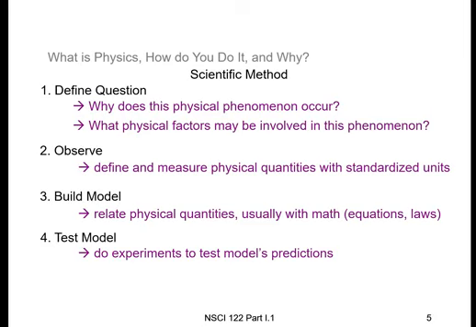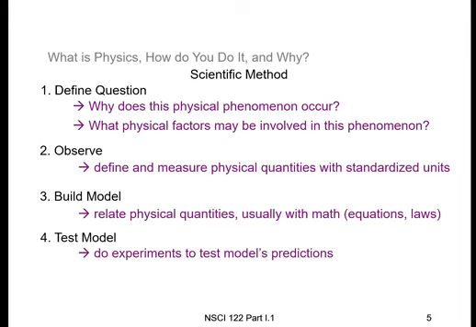If I change the height, my relationship, my formula can now predict how long it should take. You see? So how do I test it? Well, I just try different heights and see if that prediction is true for all of those different heights. So experimentation is key to testing the model.